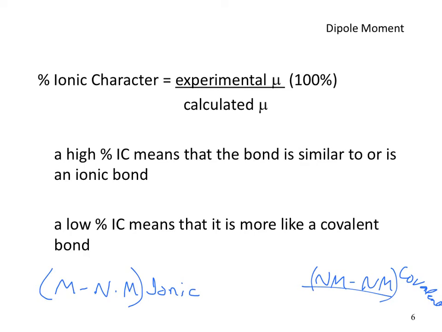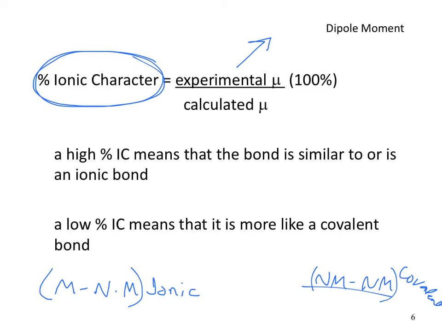How do we, or where do we draw the line then? How do we tell what is the extent of the ionic character? That is measured as a percent ionic character, which is determined by first calculating the experimental value of mu. That's an experimental value that an experiment would be run to determine.